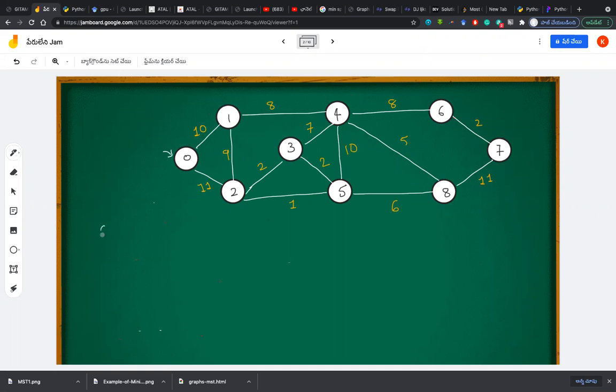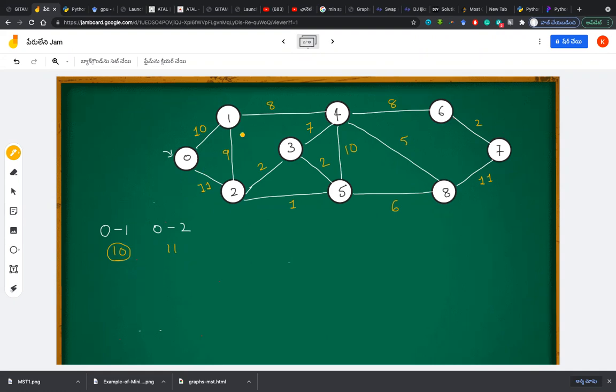I have 0 to 1, one edge, and 0 to 2, another edge. In these two cases, we have 10 for 0 to 1 and 11 for 0 to 2. Among these, I will select 10.